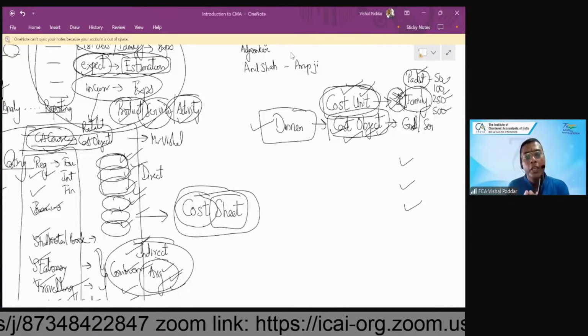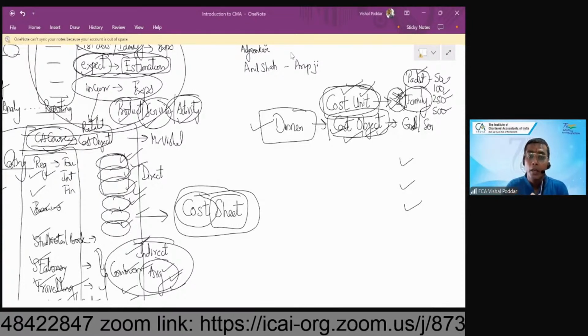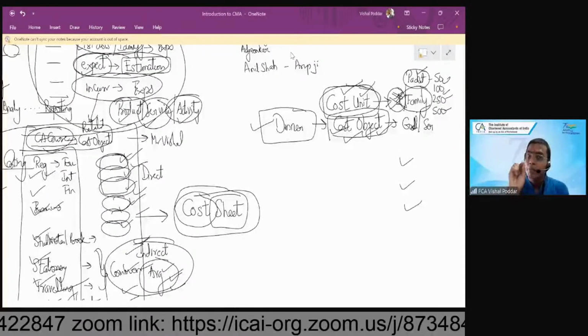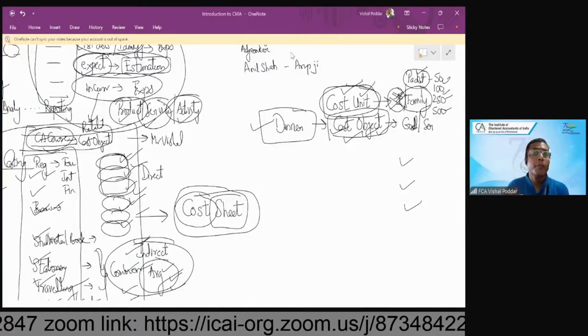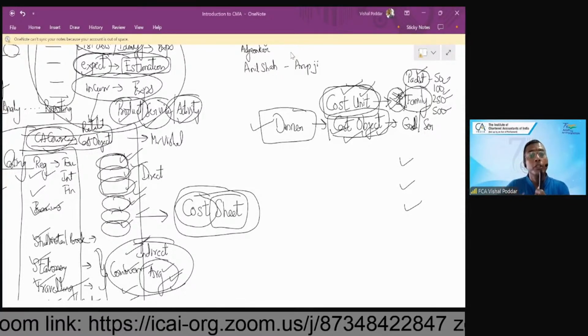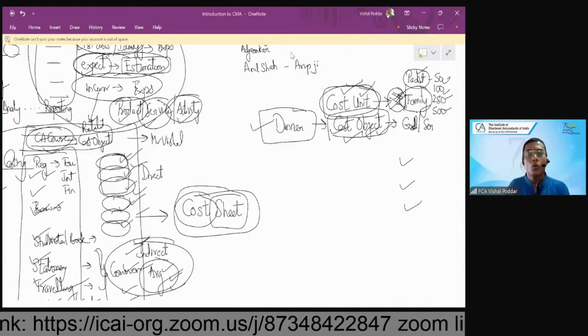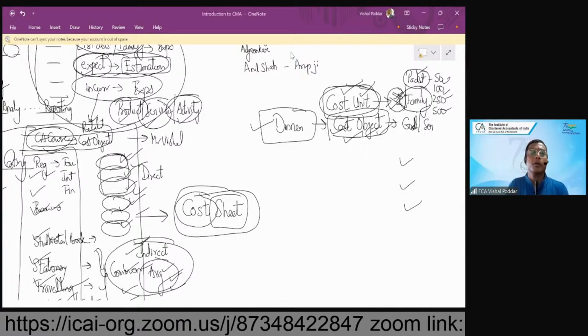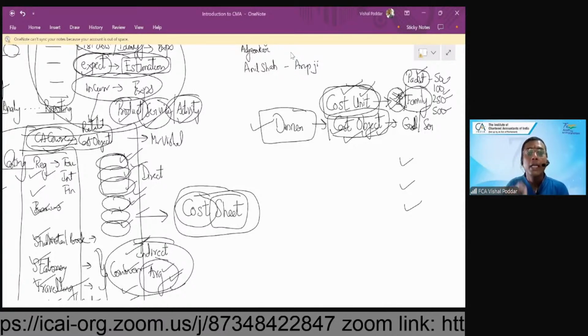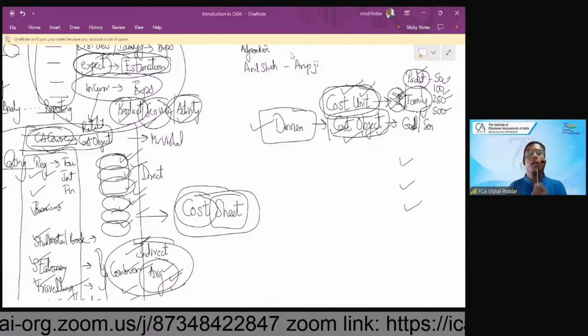So maybe packaging may be in the form of 10 or 5 or 20, but still the price written on that packet is per pen. Why? Because the pen is generally sold per unit. So the cost has to be informed per unit. So the quantity for which I have to ascertain and inform the cost is my cost unit.